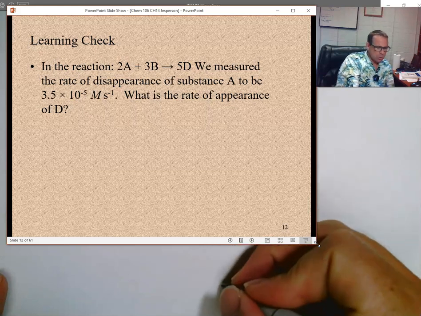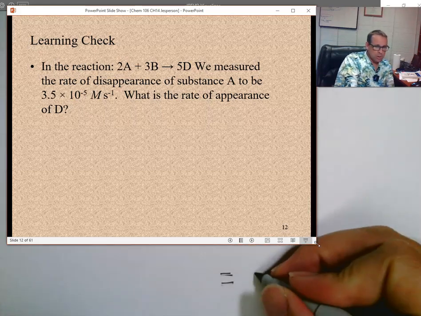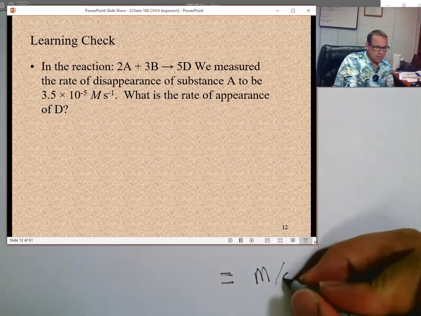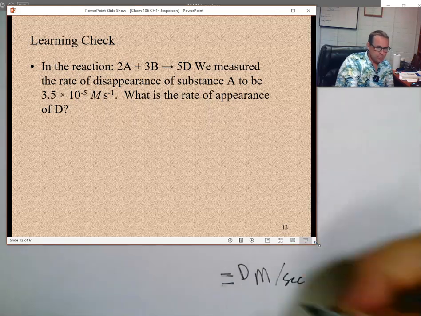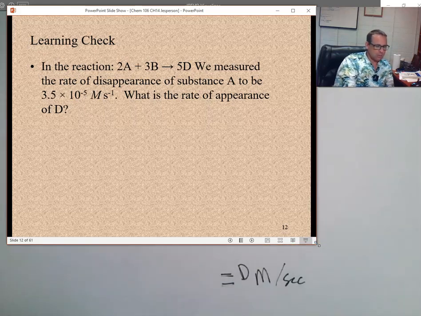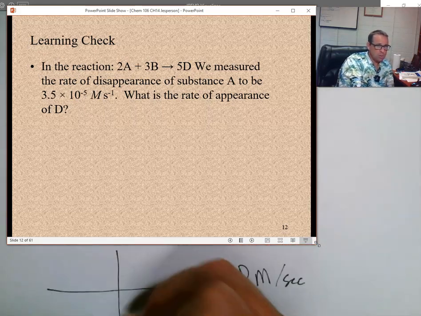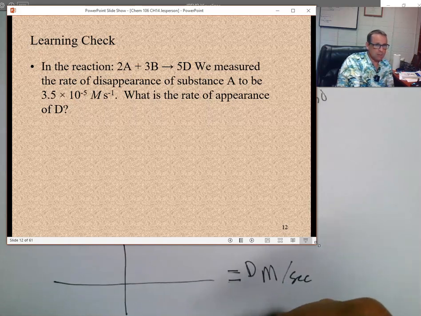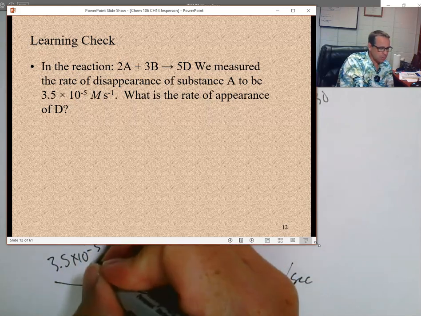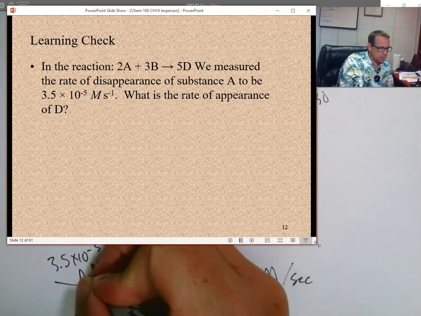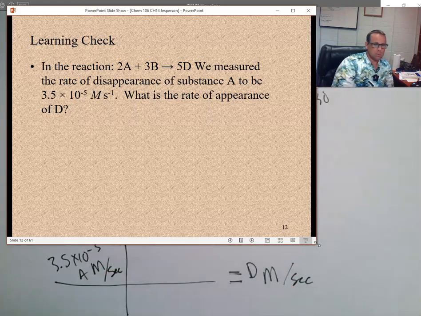Okay, so we want to know the molar per second of the rate of appearance of D, right? Molar per second of D. And we know that the molar per second of A is 3.5 times 10 to the minus 5. Molar of A per second, right?